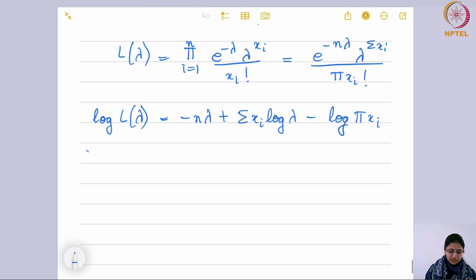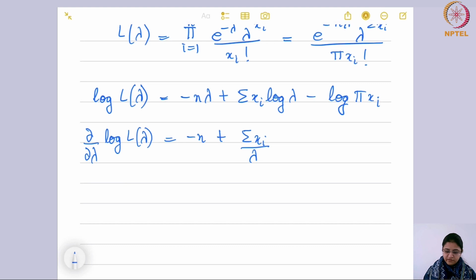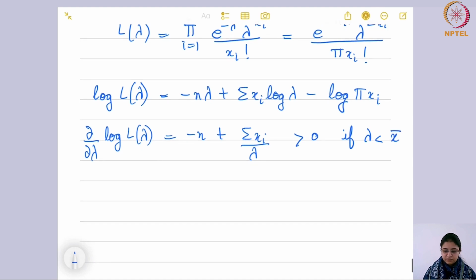When you differentiate this with respect to lambda, because that is the parameter of interest, it would be minus n plus summation xi over lambda. Now if you look at the behavior of this, it would be greater than 0 if your lambda is less than the sample mean.